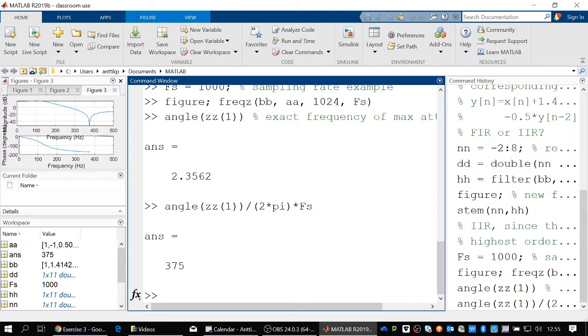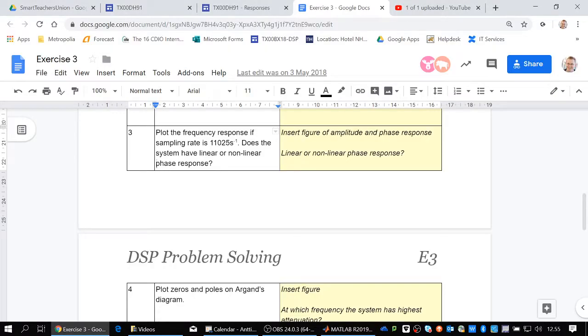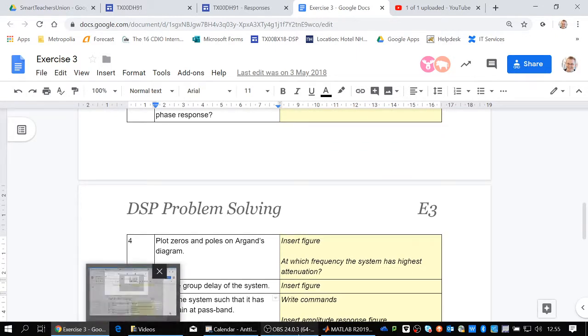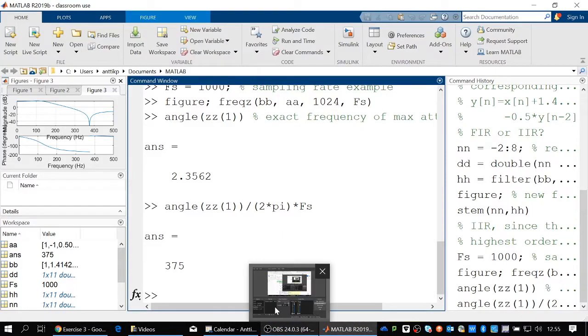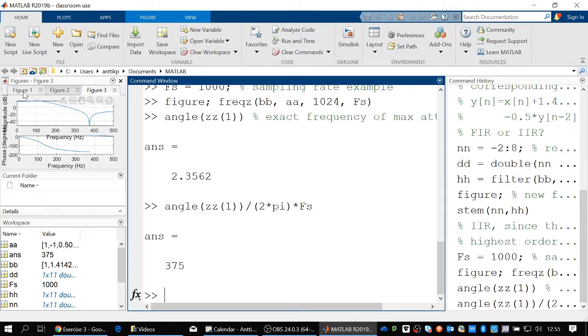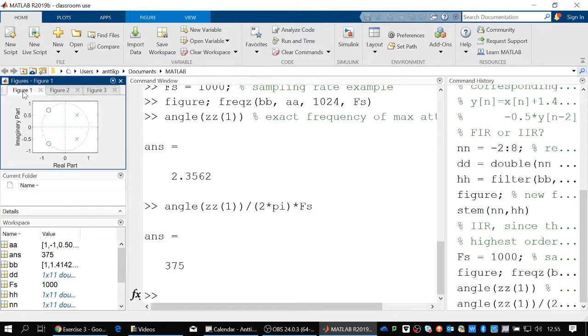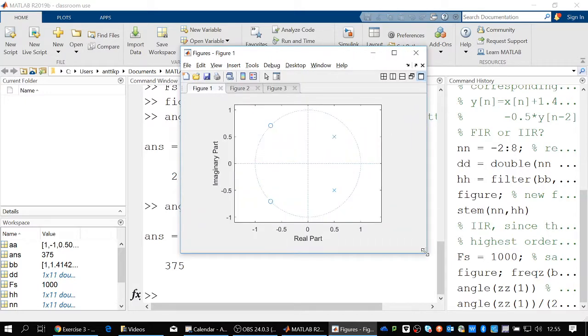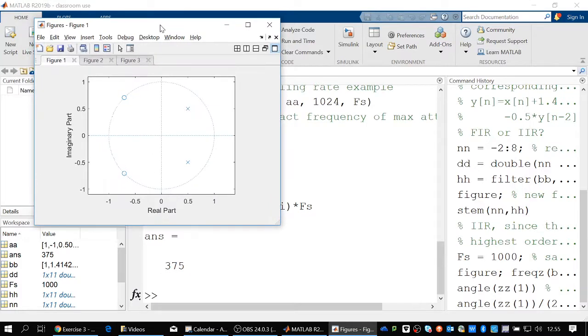Okay, good. Let's take a look at what is the next part. Is the system non-linear? Yeah. Zeros and poles I already plotted, but okay, let's plot it again from this system's coefficients, just to be on the safe side. Okay, so this is my original zero-pole plot. Whoa, it is so small. Oh, okay. I undocked the whole thing.